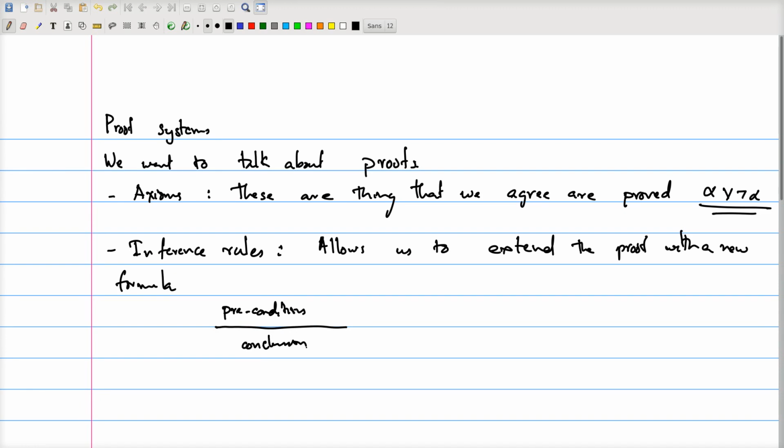So let's see an example. One very famous example is, suppose you have alpha. From this you can conclude alpha or beta.